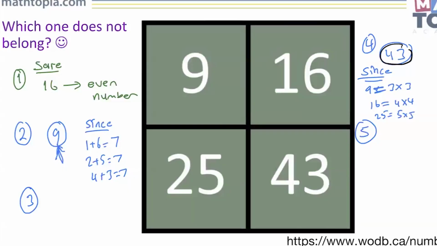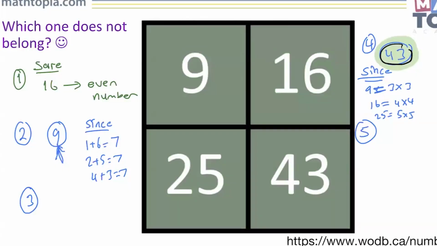That's why I am thinking that 43 doesn't belong, since the other three numbers come from multiplying the same number by itself. 3 times 3 is 9. 4 times 4 is 16. 5 times 5 is 25.